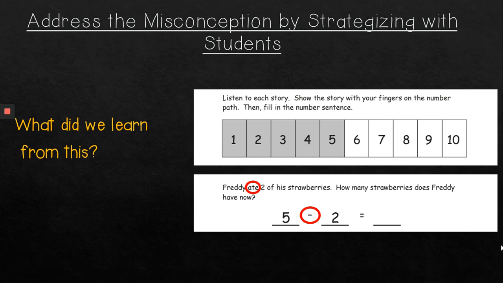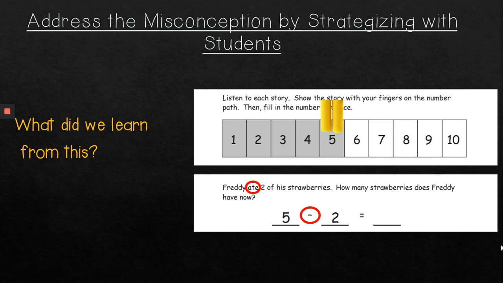So he ate 2 of his strawberries, and I do see that there's a subtraction symbol. What do you think we could do? Yep, that's right. We can put our fingers on the number 5 because our number sentence starts with 5. That means that is the number that we have. We have 5. Now, take a look at our number sentence and our story again. Freddie ate 2 of his strawberries. That means he took away.